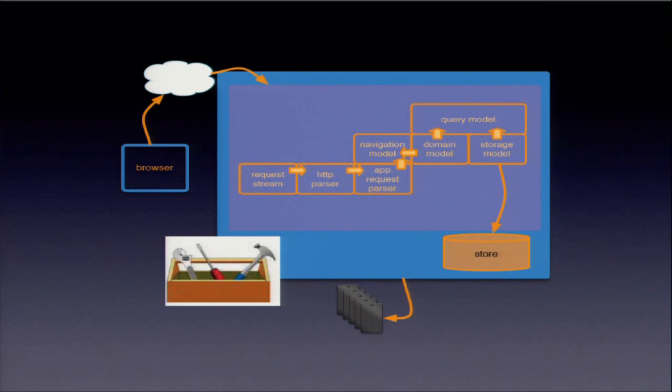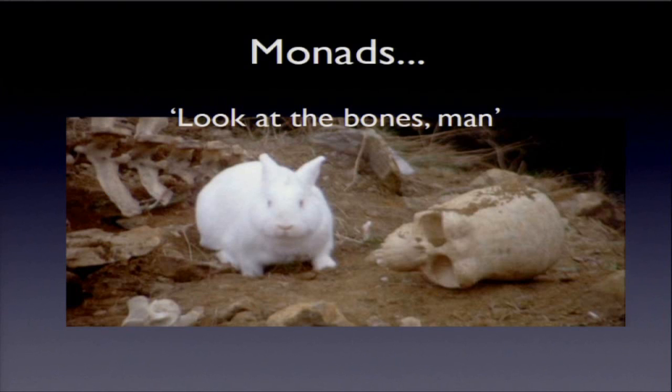You have some kind of domain model which touches on a navigation model, a storage model and a query model. A request flows down to the backstore and causes stuff to come back. That's the big picture, but before we can do all that, I need to introduce some tools. That's what this session is all about.